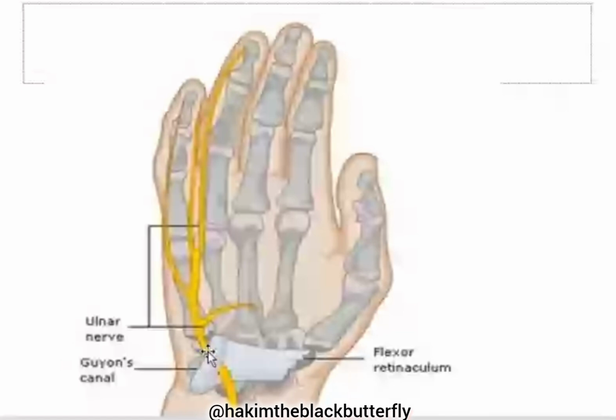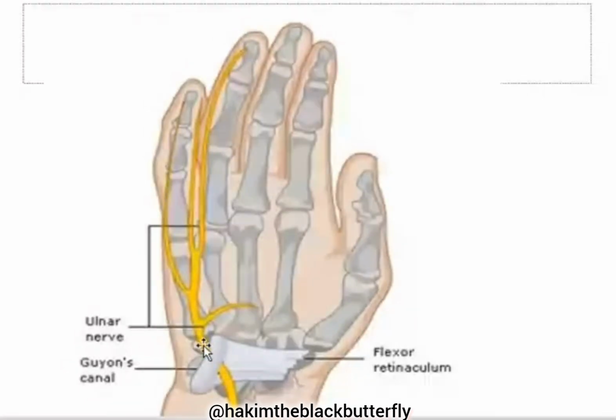Guyon's canal is made up of the piso-hamate ligament, which is the roof. The floor is made up of the pisiform bone and the hamate bone. And the content of Guyon's canal is the ulnar nerve.